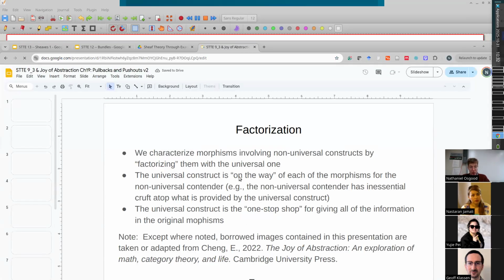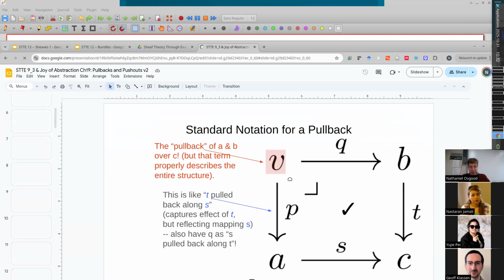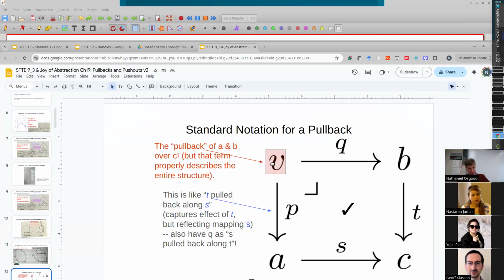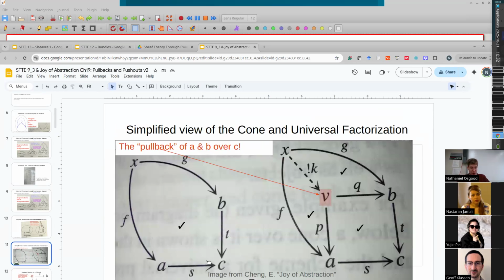With pullbacks, you recall that you don't just have all pairs of AB, you have all pairs of AB that have to be consistent with what they presume about their value of C. They have to match up in how they map to C. This is a limit of this diagram. This is our diagram. We have a limit of it such that all these components commute. And that's what our pullback is.